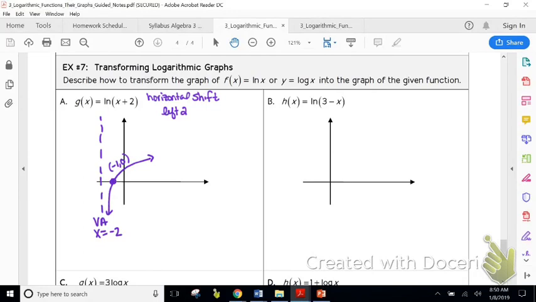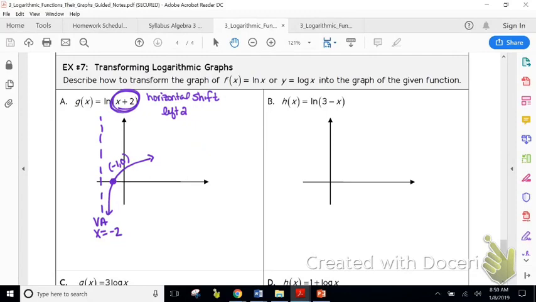And if nothing else, remember, guys, x plus 2 says you're going to subtract 2 from the x's. So you could take the 1, 0 that was there, if you had made a table, and subtract 2 from your x's to find your new point if you need to.